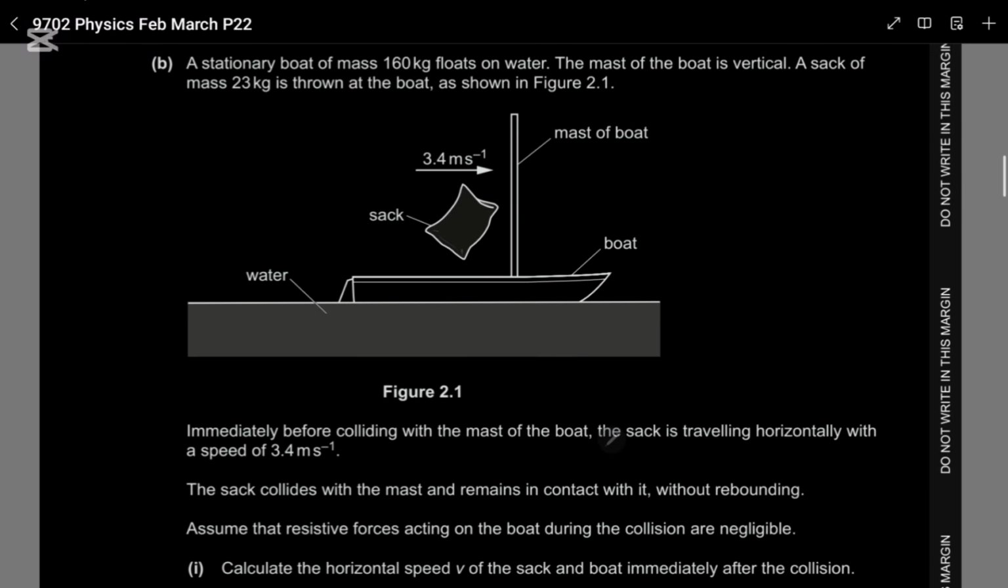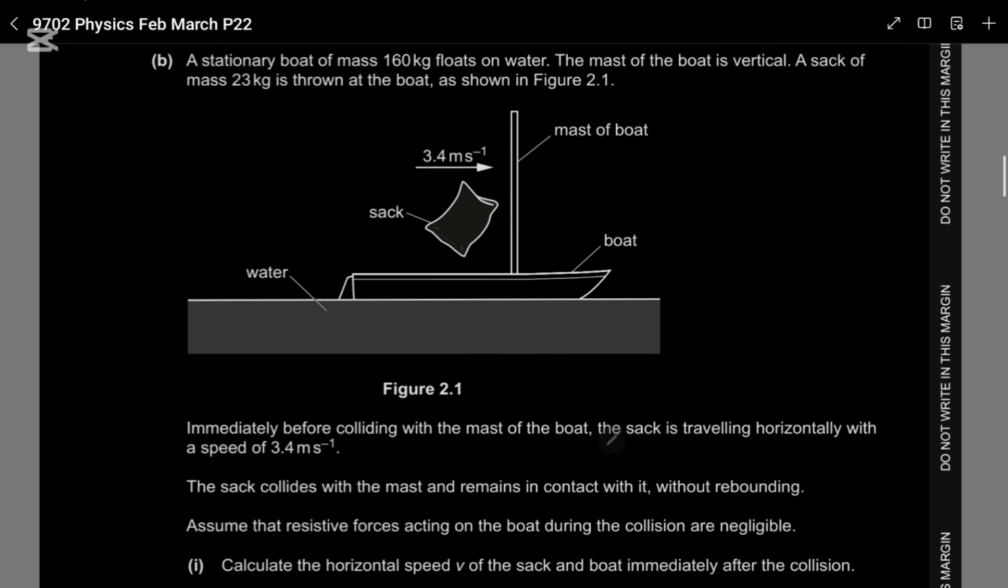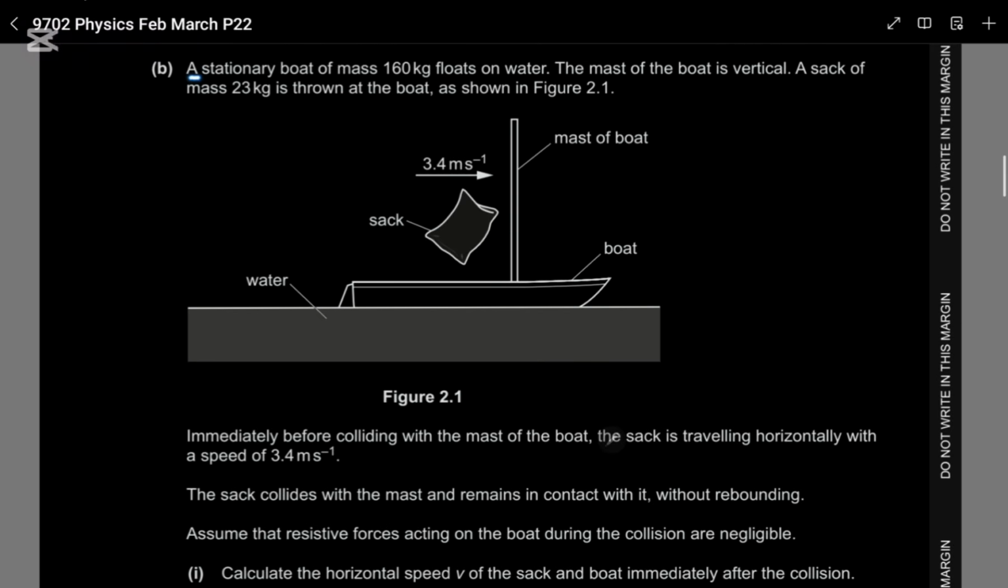Part B. Alright, so they say that a stationary boat of mass 160 kg floats on water. Alright, blah blah blah, and there's a sack of mass 23 kg thrown at the boat.